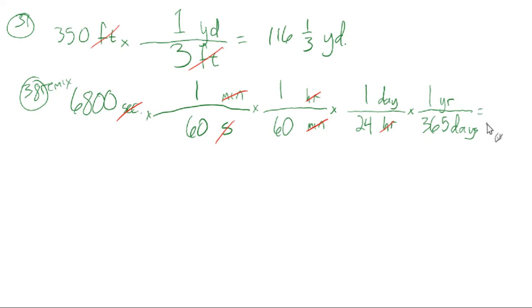I can't get it to give me the answer as a fraction, so we'll say it's 0.000216. So 6,800 seconds is 0.000216 years long.